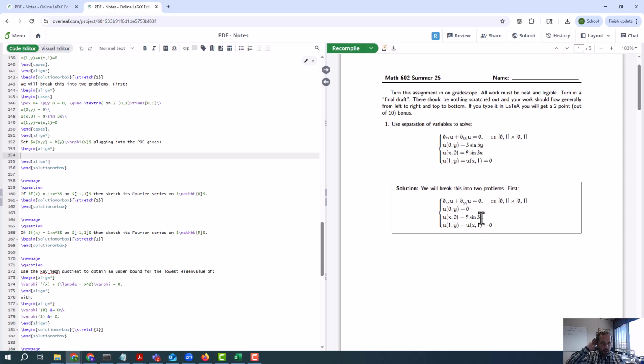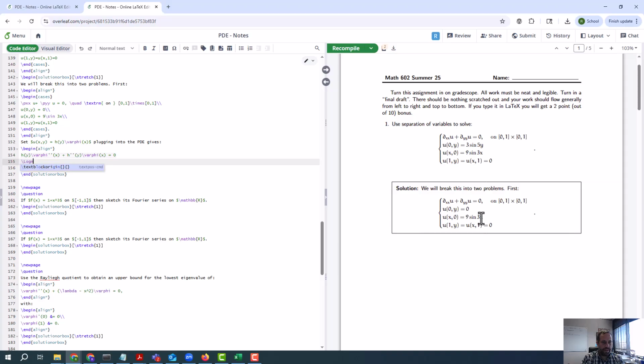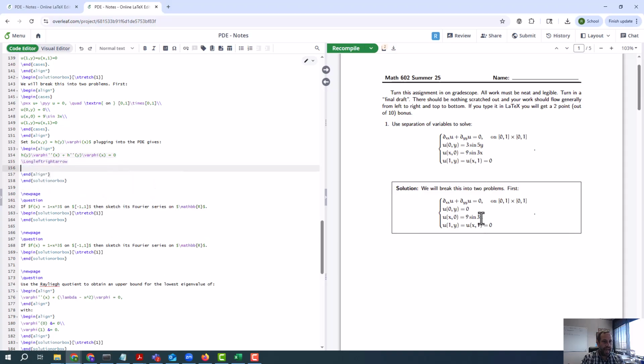When we do the x derivative, we're going to get h of y phi double prime of x, plus h double prime of y, this is the y derivative, phi of x is equal to 0. And this is equivalent, if we divide both sides by h and by phi, to the following.